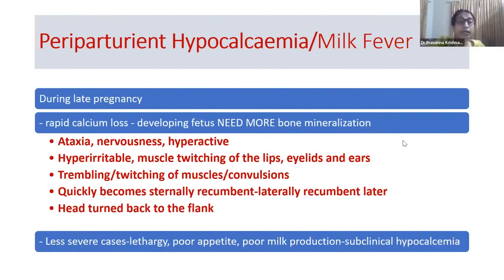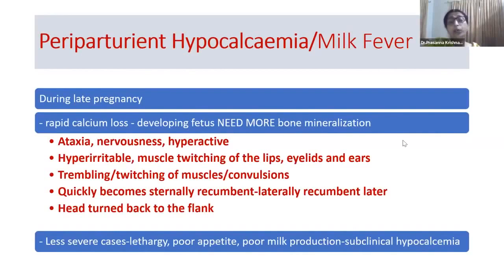The affected animal will start showing ataxia. It is not able to walk properly; a zigzag movement will be there, nervousness, and sometimes hyperactive, hyperirritable attitude, muscle twitching of the lips, eyelids and ears, trembling, twitching of muscles, convulsions, and they become recumbent.